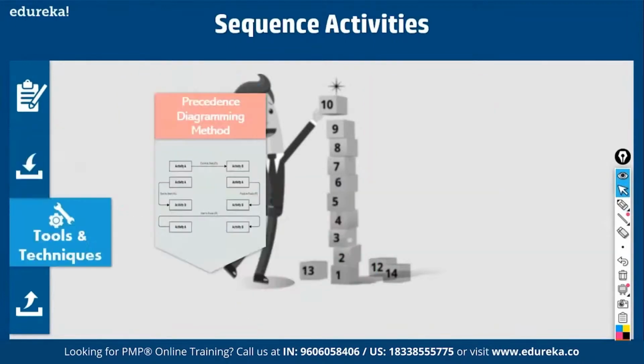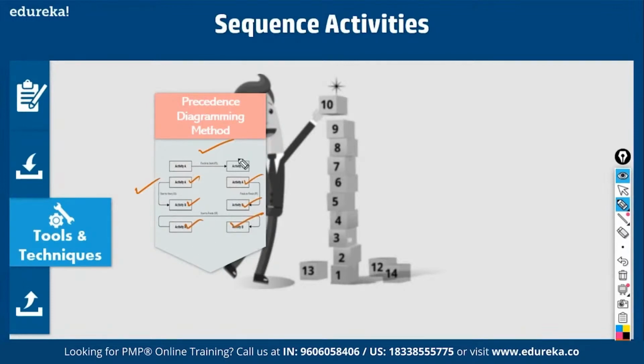You can use them. Precedence diagramming method. What is this? When you sequence activities, there should be some relationships between them based on which you sequence. This is one relationship, which you call finish to start. The next one is start to start: start A, then start B. The next one is finish to finish: finish activity A, only then can you finish activity B. Or you can start the next activity first and only then finish the predecessor activity.